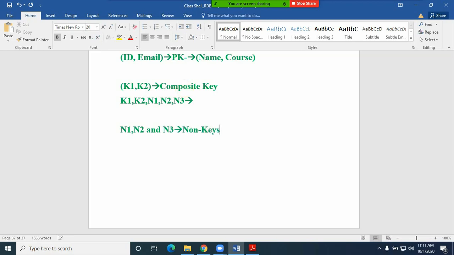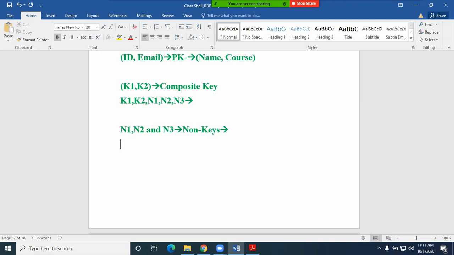Non-key in the sense, friends, with the help of that particular non-key we cannot get the records uniquely or without any ambiguity. If you cannot identify a particular record, then I can say that as a non-key. The attribute which is not having any uniqueness is nothing but the non-key. Other than the key, whatever the attributes I am having in the table, I can say that as a non-key.